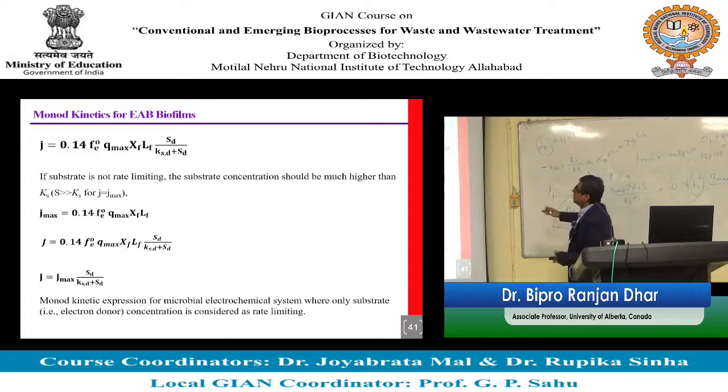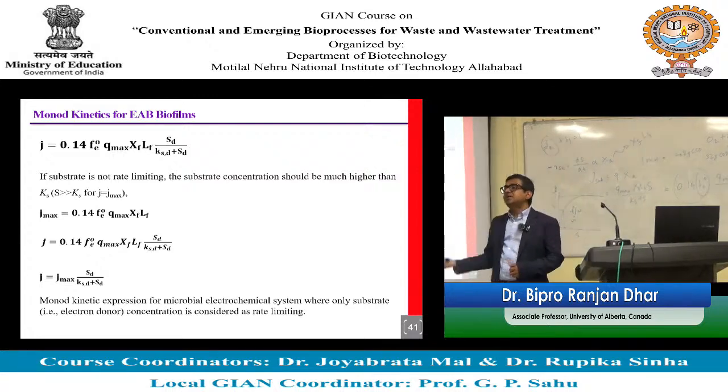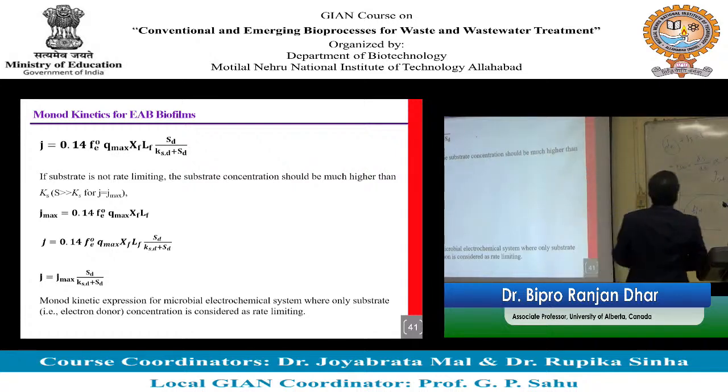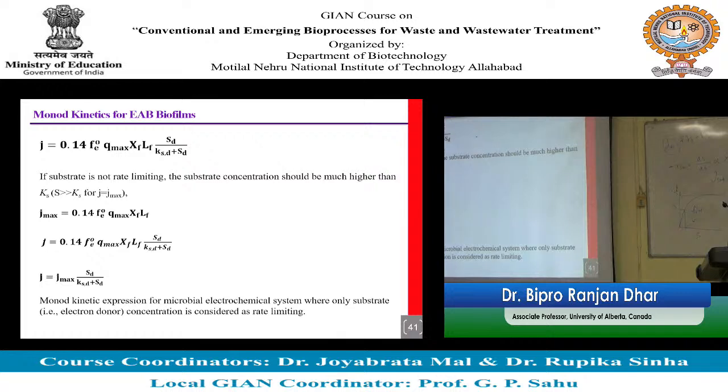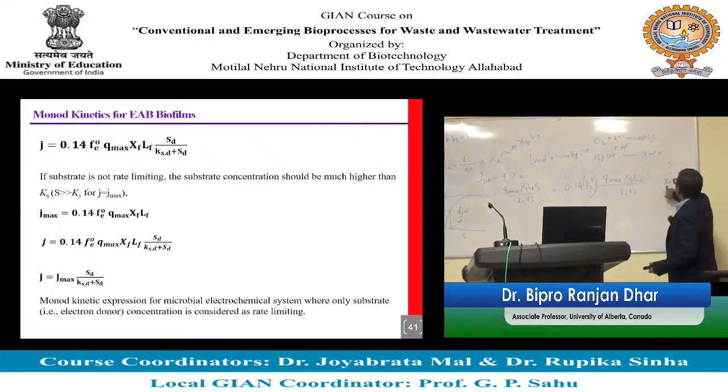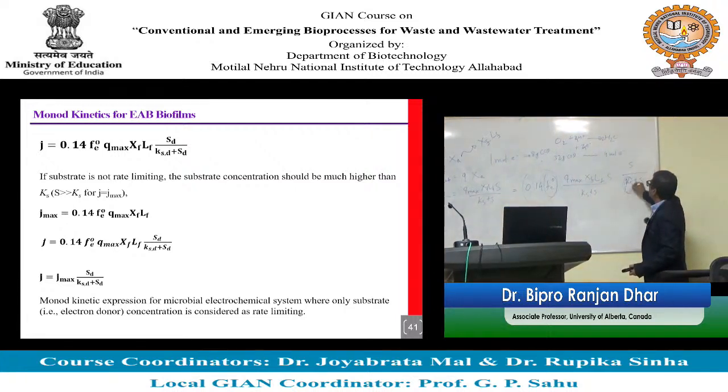So if you are running your system at very high substrate concentration, higher than Ks, then we can consider Ks quite negligible compared to the value of S. So in the term S over Ks plus S, if I consider Ks negligible and S quite big, this is going to be 1.